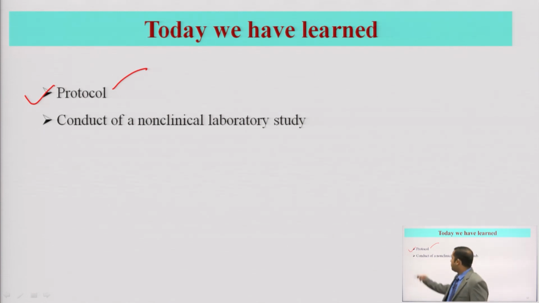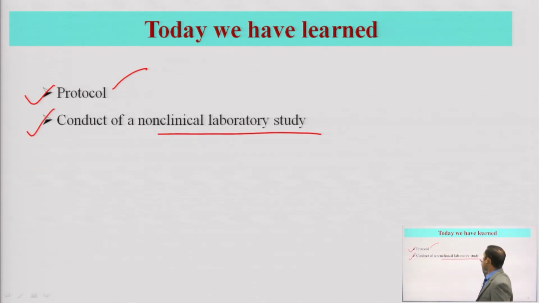And I have also told you about the conduct of non-clinical laboratory studies: how you can ensure the quality, how you can maintain the data, how you can record the data, its input and other things.